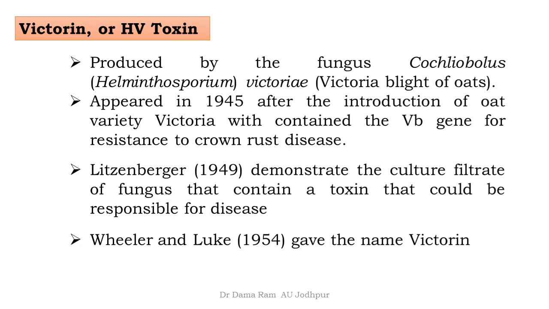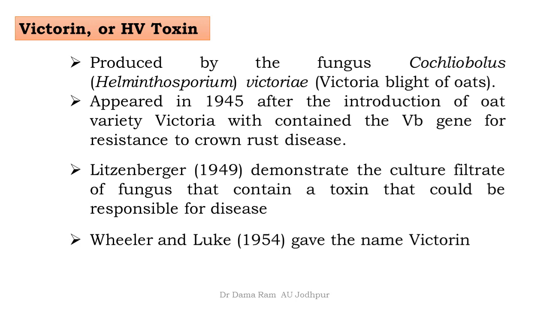After that, Cochliobolus victoriae infects the basal portion of a susceptible oat plant and produces a toxin that is carried to the leaves and causes leaf blight and destroys the entire plant.